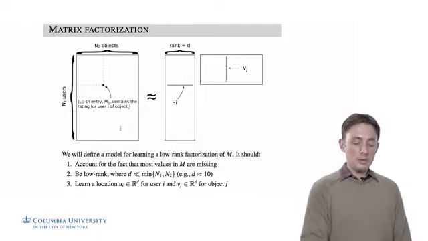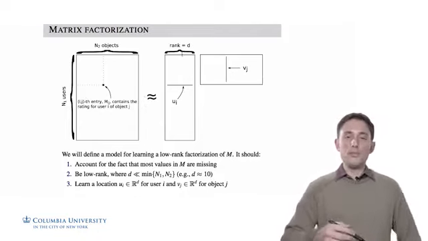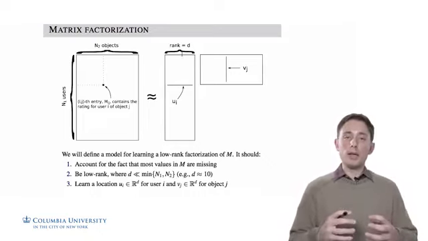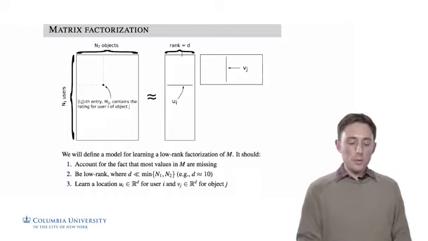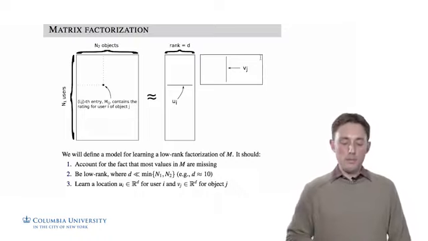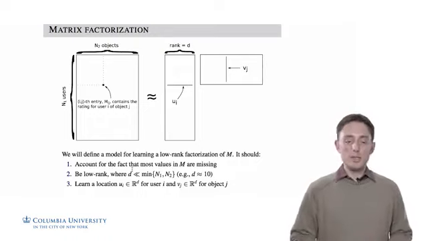So this matrix, which now has a lot of missing values, is approximately equal to a low rank matrix, a matrix product with rank d. What that means is that we can take this matrix and represent it as a product of a matrix that is n1 by d times a matrix that is d by n2. And now d is going to be much, much less than n1 and n2.